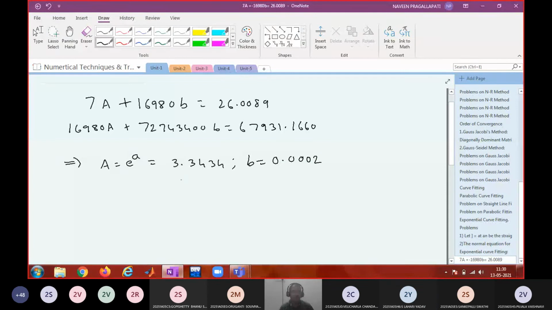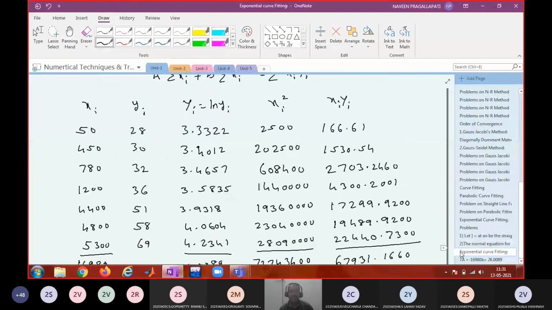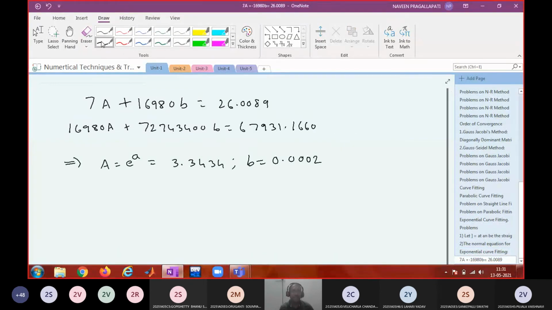So when e power A equal to like this, is this e power a or what? Sorry, there is a mistake. What is capital A? Capital A means ln a.